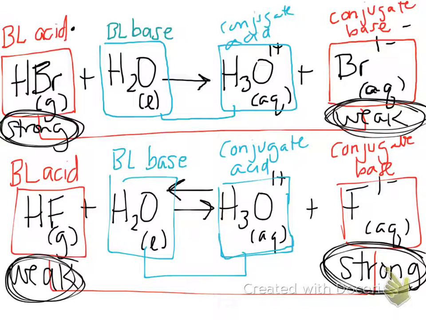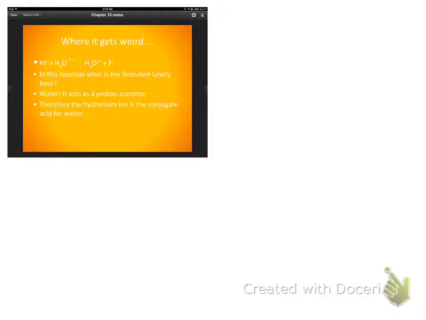So here's the relationship, that's a good question. The relationship between the Brønsted-Lowry acid and its conjugate base is universal. If your Brønsted-Lowry acid is strong, the conjugate base is weak. This slide where it gets weird was just talking about the conjugate acid-base thing.